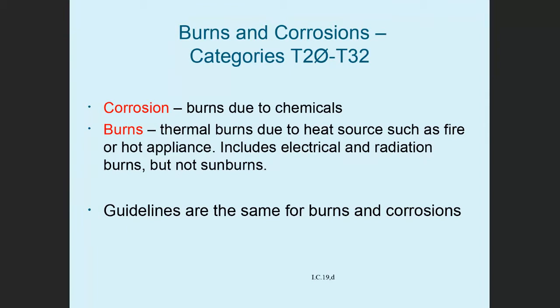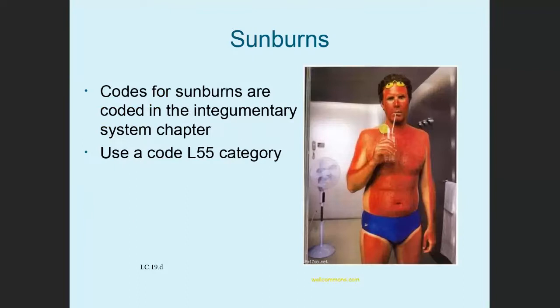Burns are thermal, from heat, due to a heat source such as fire or a hot appliance. Included under burns are electrical and radiation burns, but not sunburns. Notice that the guidelines are the same whether it's a burn or a corrosion, but the codes vary.